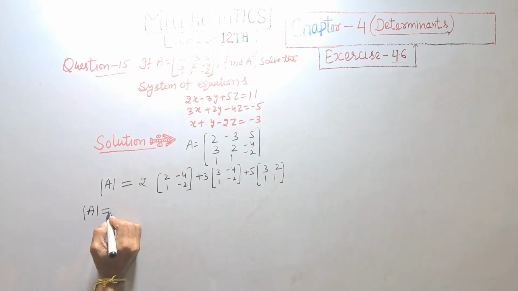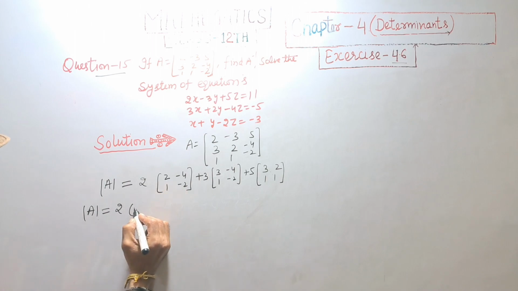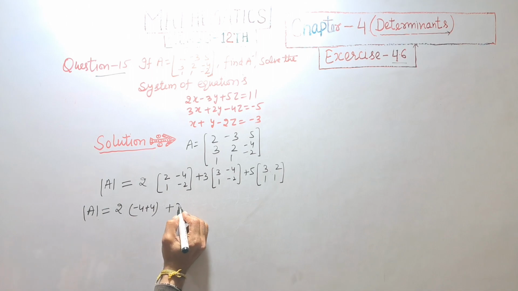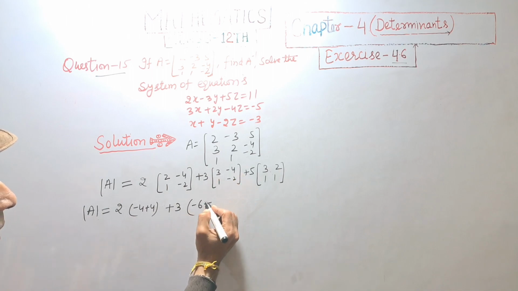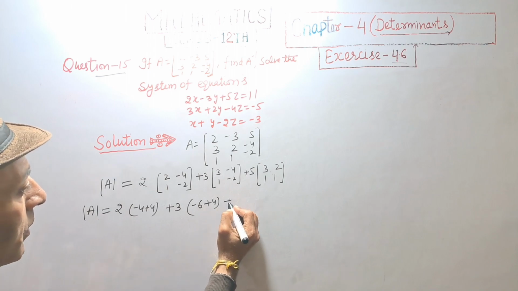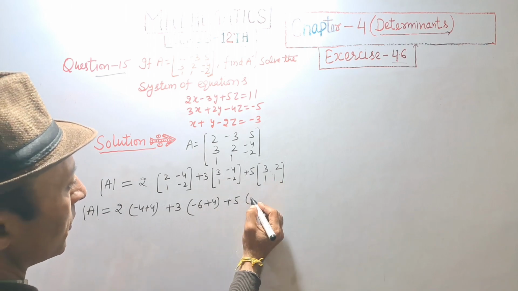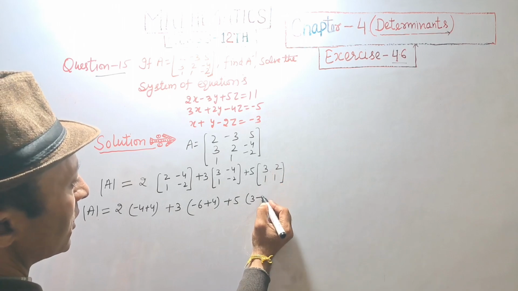Determinant of A is equal to 2 times (-4 + 4) plus 3 times (-6 + 4) plus 5 times (3 - 2).